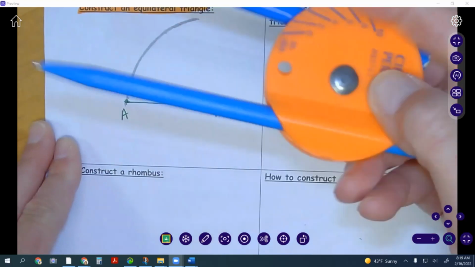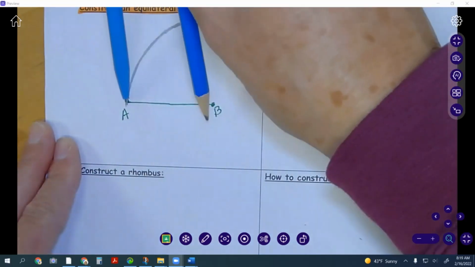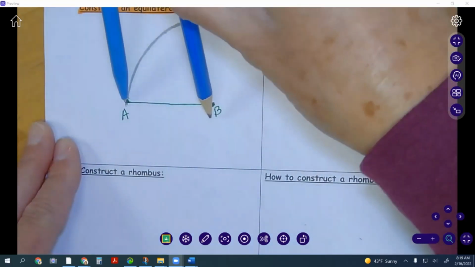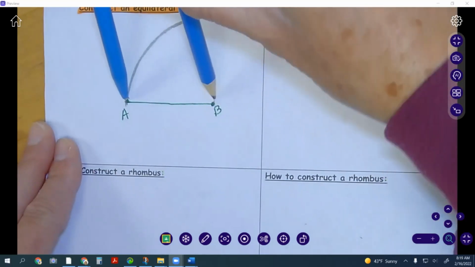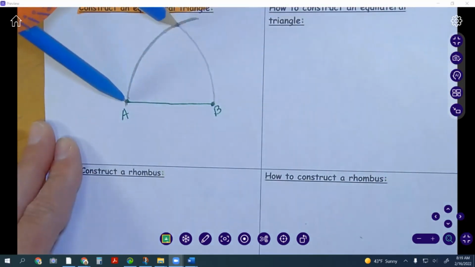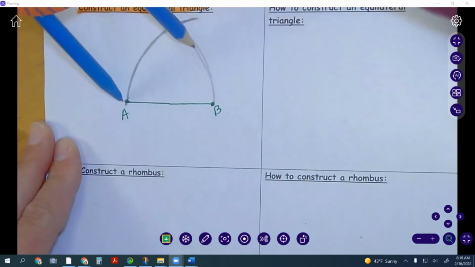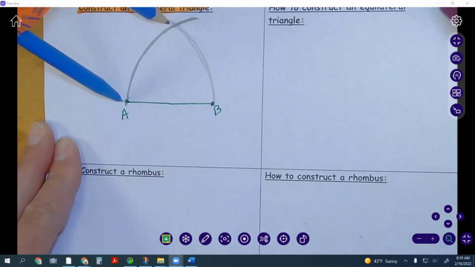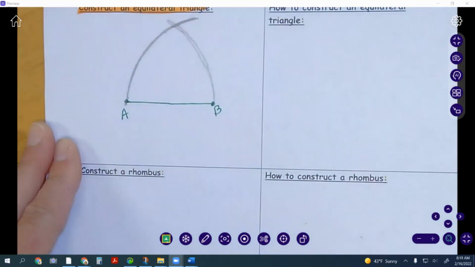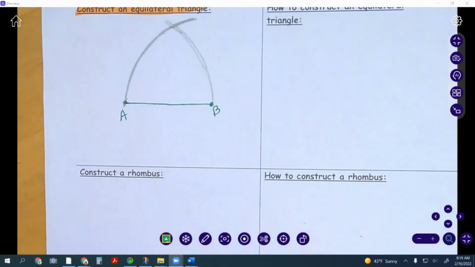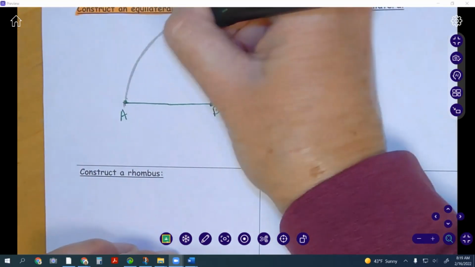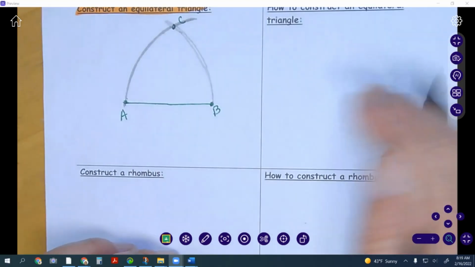I did that one at B. I'm going to now do it at A. And again, I'm doing this part of this arc here, or I can just do a marking like this. Where those intersect, that is going to be my point C.